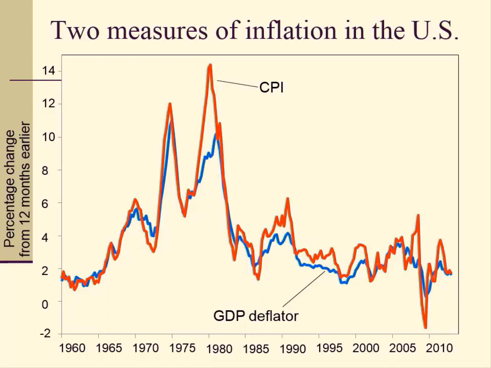Now let's look at this plot of the two measures of the inflation in the United States, that is the CPI in red and the GDP deflator in blue. And as you notice, in 1980, the CPI increased much faster than the GDP deflator, probably because the CPI includes or reflected the oil price changes abroad more than the GDP deflator.